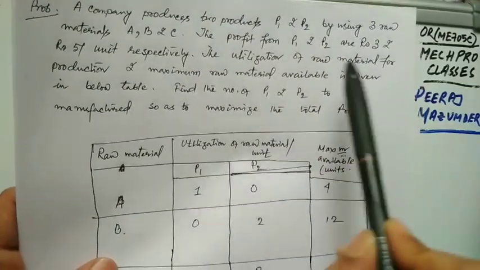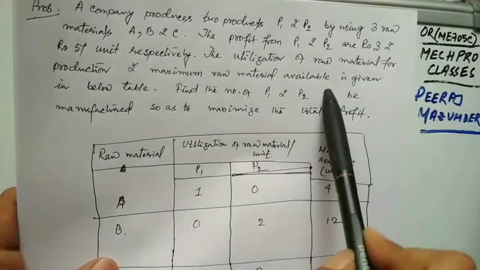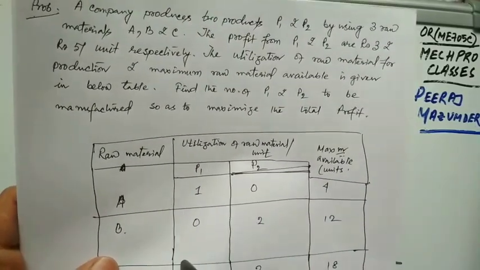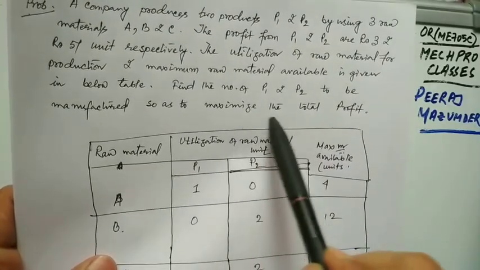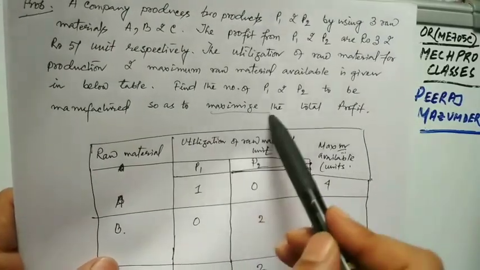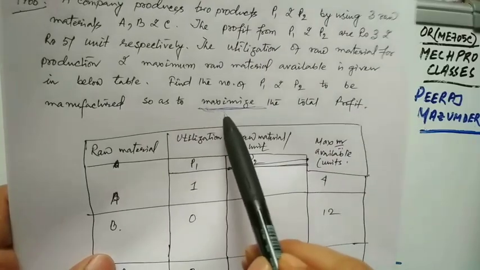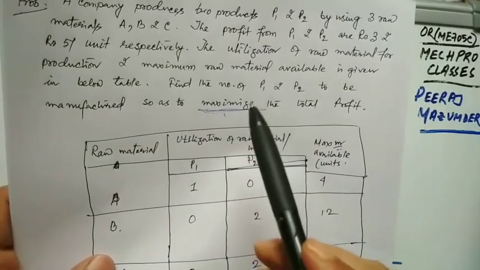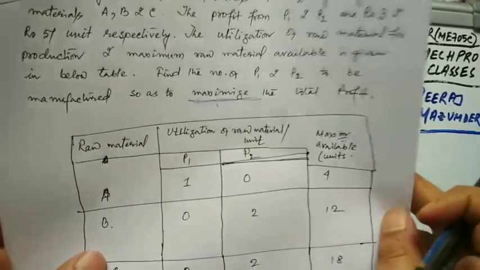The utilization of raw material for production and the maximum raw material available is given in the table below. Find the number of P1 and P2 to be manufactured so as to maximize the total profit. So here they have asked for maximization of the total profit, and you must also know that we have only maximization problems in our syllabus. Okay, so let us see how to solve this problem.